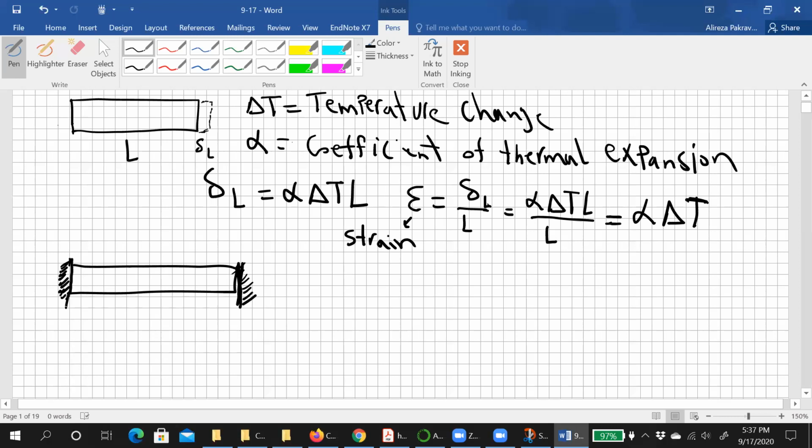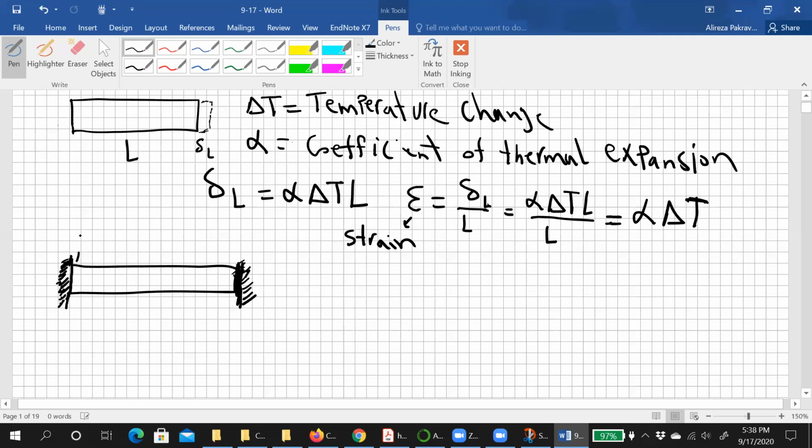I want to show you one example later. Then we may increase the temperature, and based on that we want to find, for example, the reaction on this support.